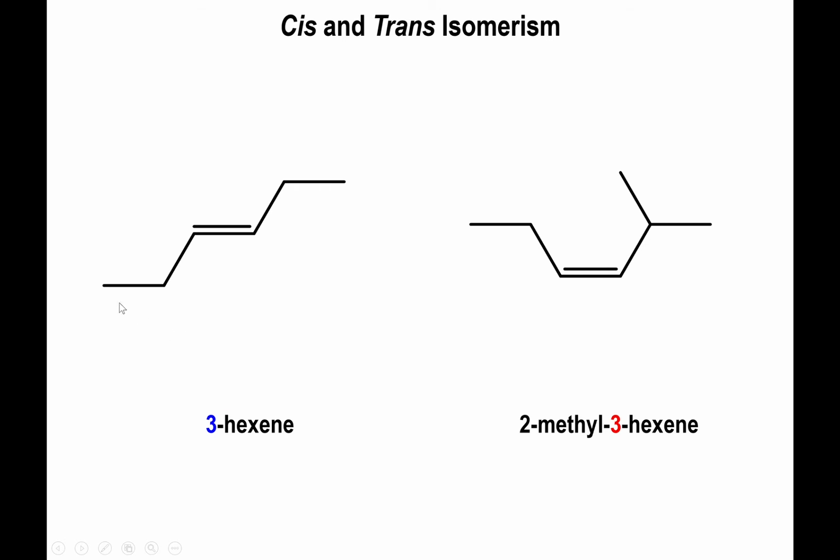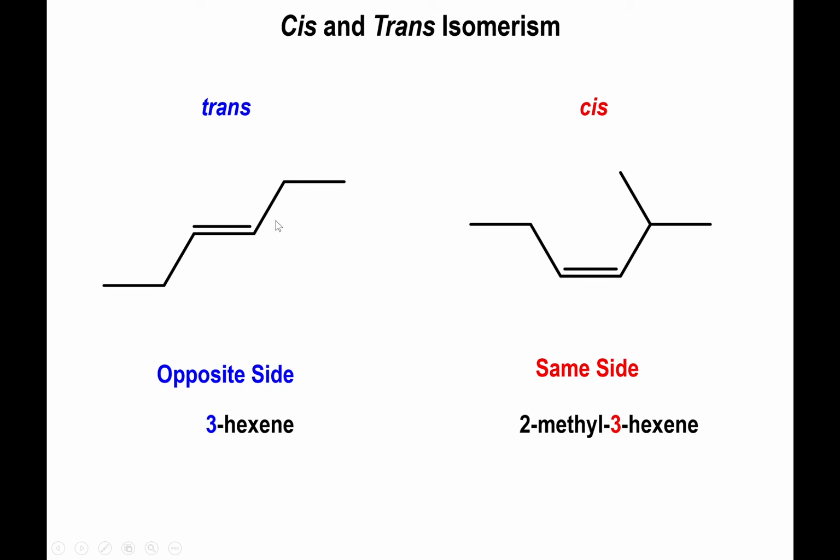Now, in terms of the naming, if you count the position of the alkene and the number of carbons altogether, you see that this is 3-hexene in both instances. The second molecule here has a 2-methyl substituent present, but because you have the alkyls in opposite positions versus the same side of the alkene, we have a prefix that also goes in accordance with this name.